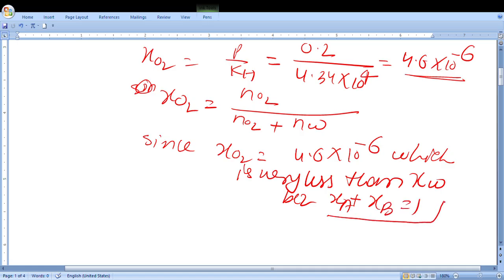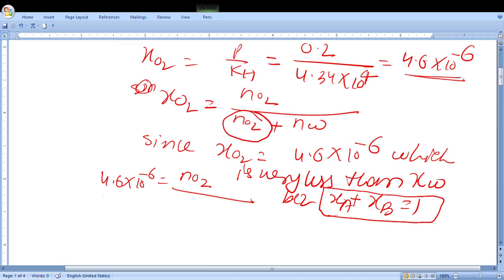If A is very less, then B will be very high, and sum of these should be 1. So here mole fraction of oxygen 4.6 into 10 to the power minus 6 is equal to moles of oxygen you need to calculate. From denominator, this value is left out. Moles of oxygen will be left out.